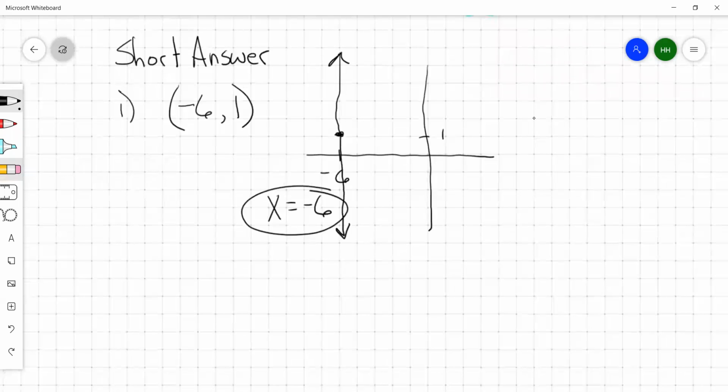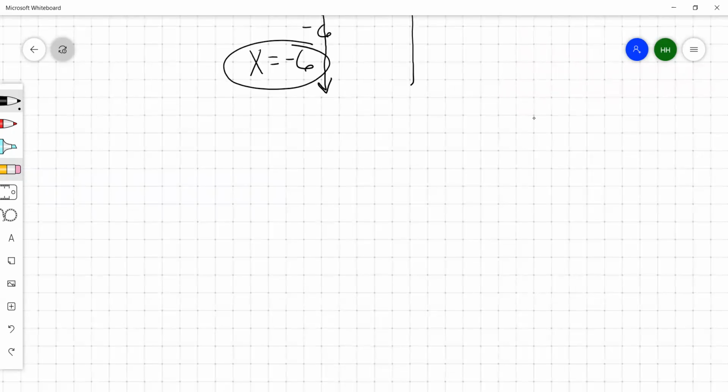And then number 2 asks you to write an equation for a horizontal line that contains the point -10, -3.